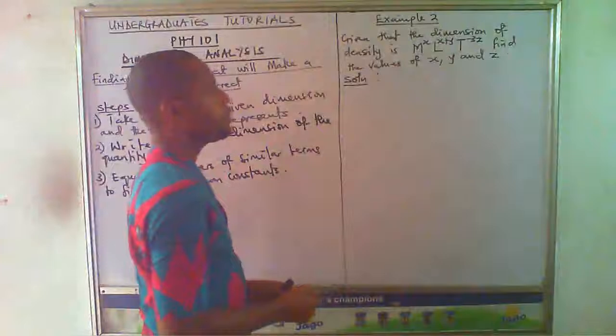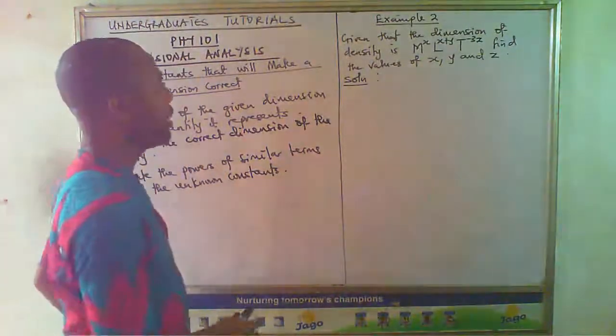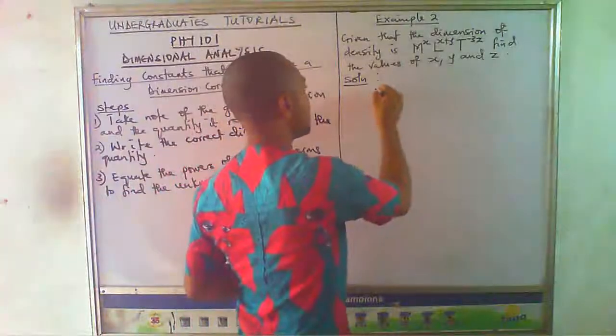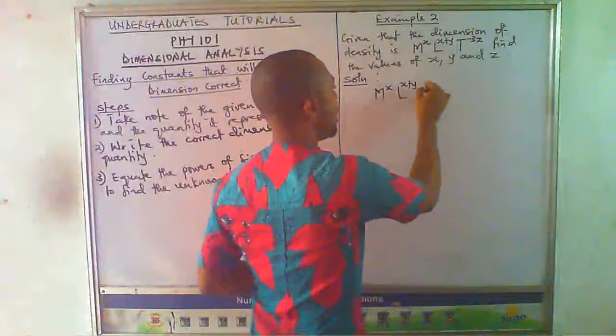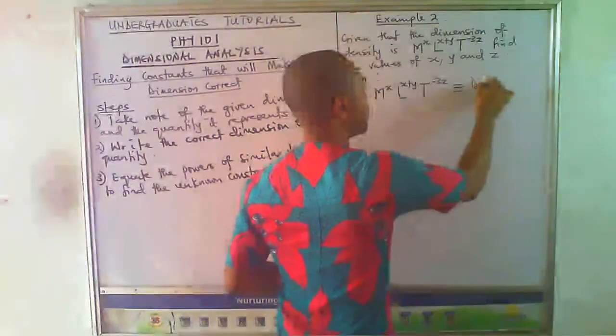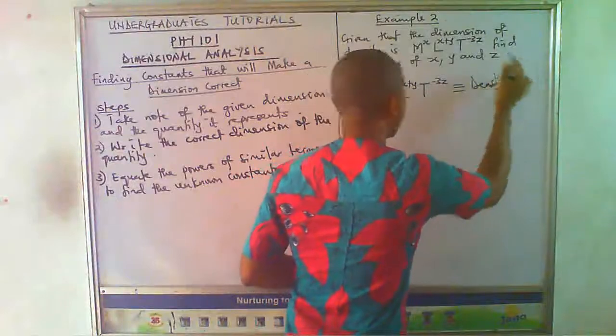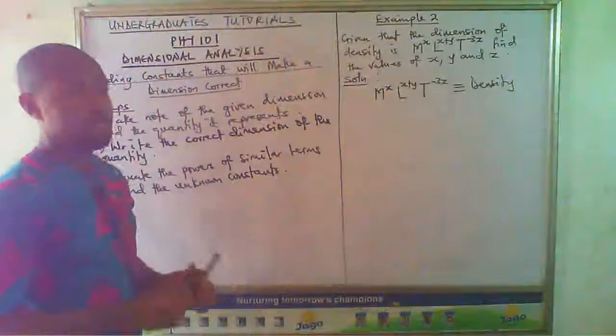Now, still following our steps, take note of the given dimension. The given dimension is mass to the power x, L to the power x plus y, and T to the power minus 3z. It's equivalent to the beautiful quantity we call density. You know about density.